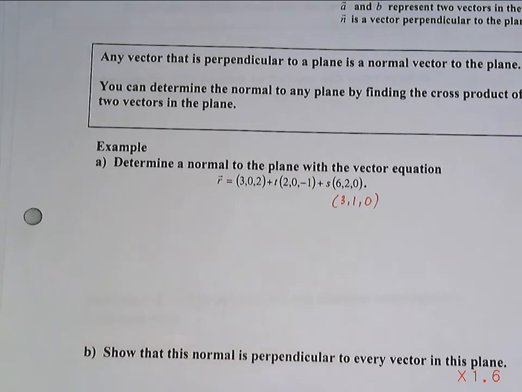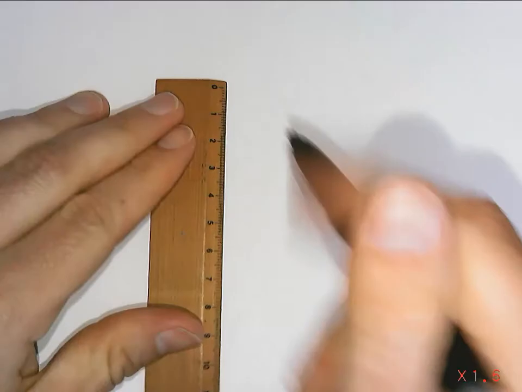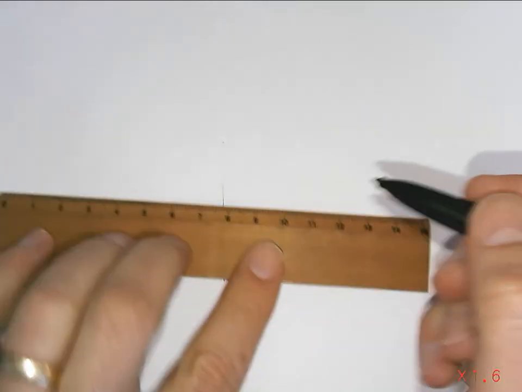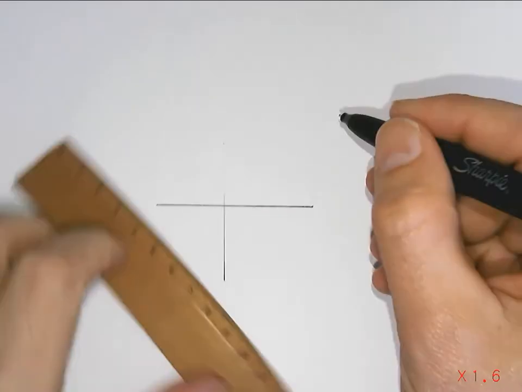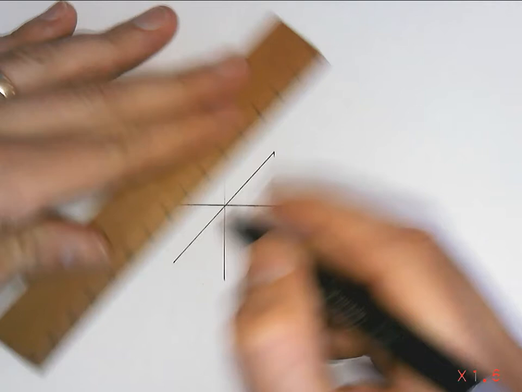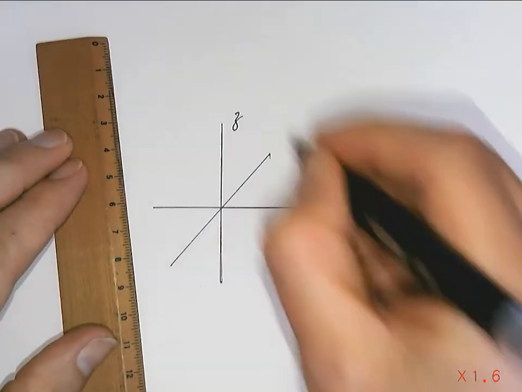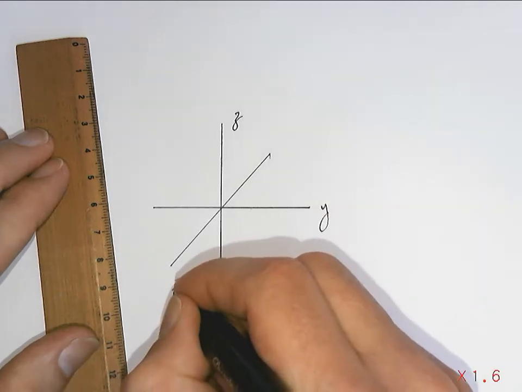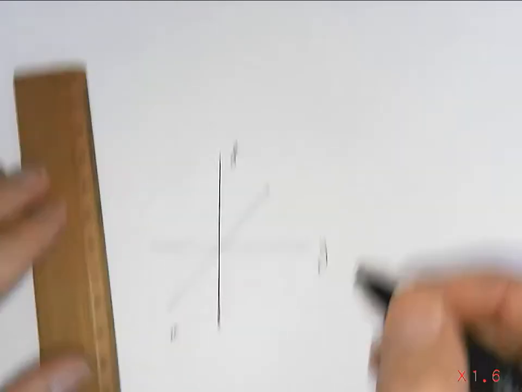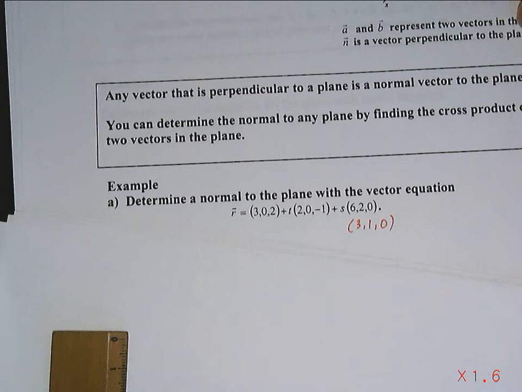In fact, if I think about it three-dimensionally, let's do this. Z, Y, X. Let's make Z a little bit darker. Z, Z, Y, X. So 0, what was it? 6, 2, 0.